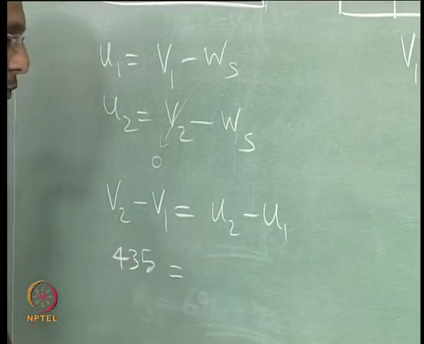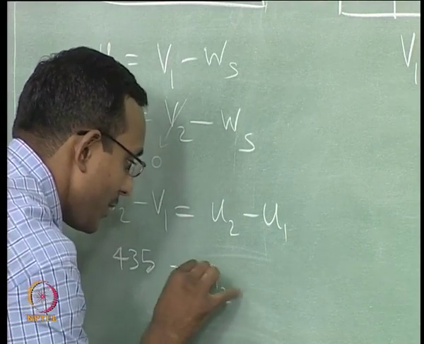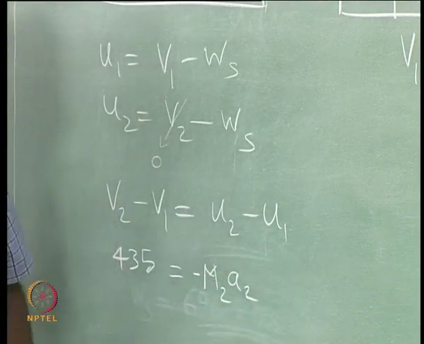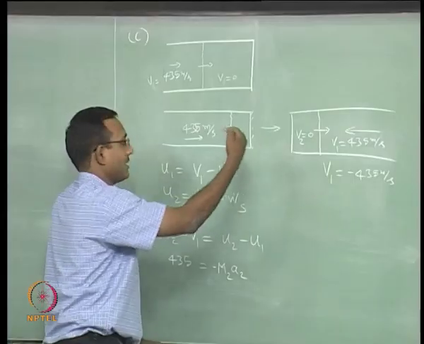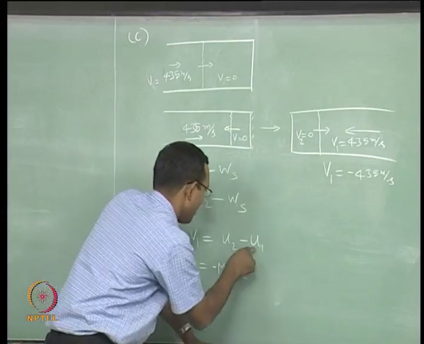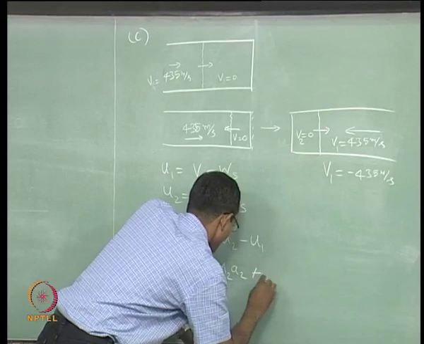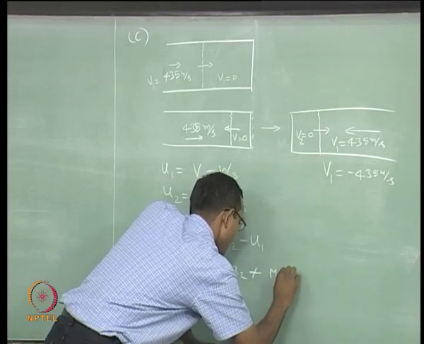Let us say I will write U2 as minus M2 A2. Remember, minus is coming because in my shock-fixed coordinate it is going from right to left. Similarly, I will do for U1, it will become plus M1 A1.